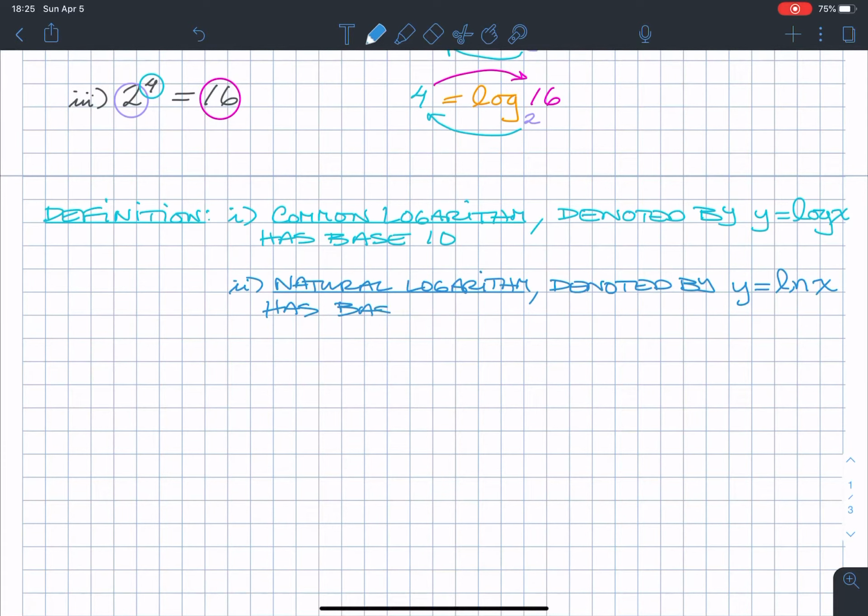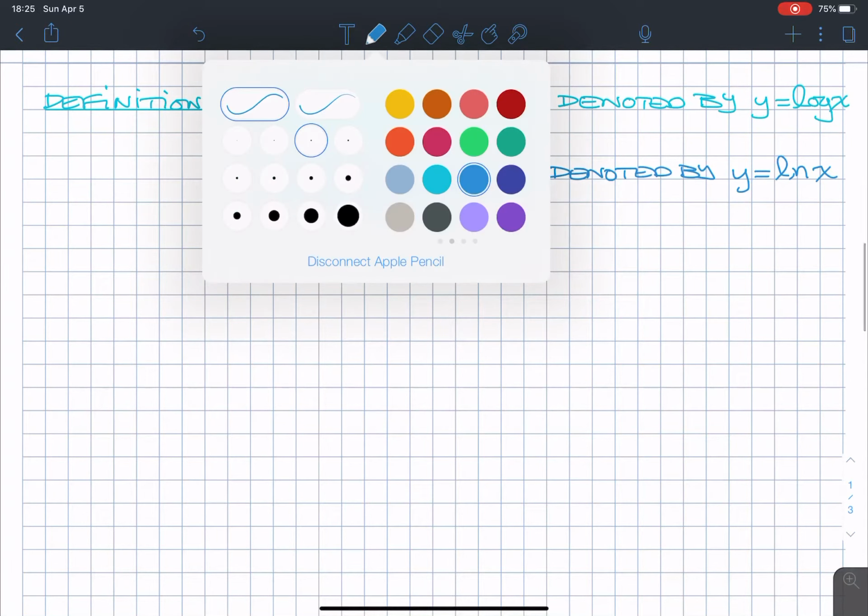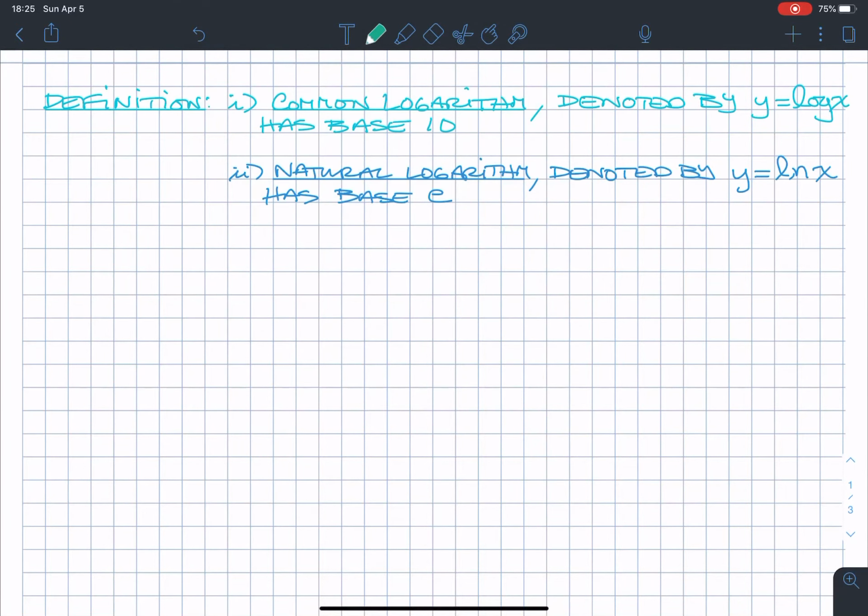That is, y equals log of x is equivalent to log base 10 of x, and y equals ln of x is equivalent to log base e of x.